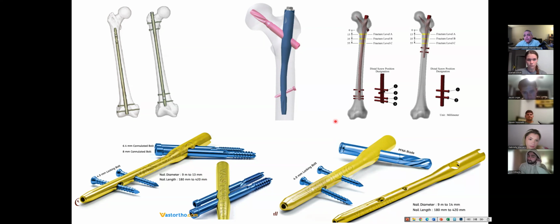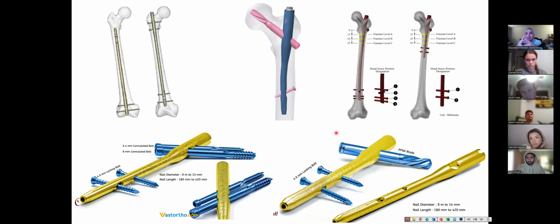So these are some examples of the different nails in the femur, but we have the same variety for tibia, for humerus, and there are countless, really countless. I cannot include all of them in the slides.